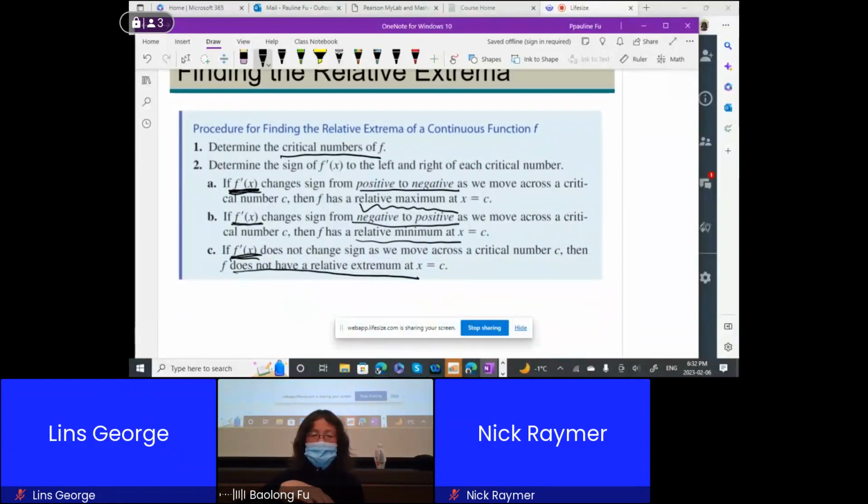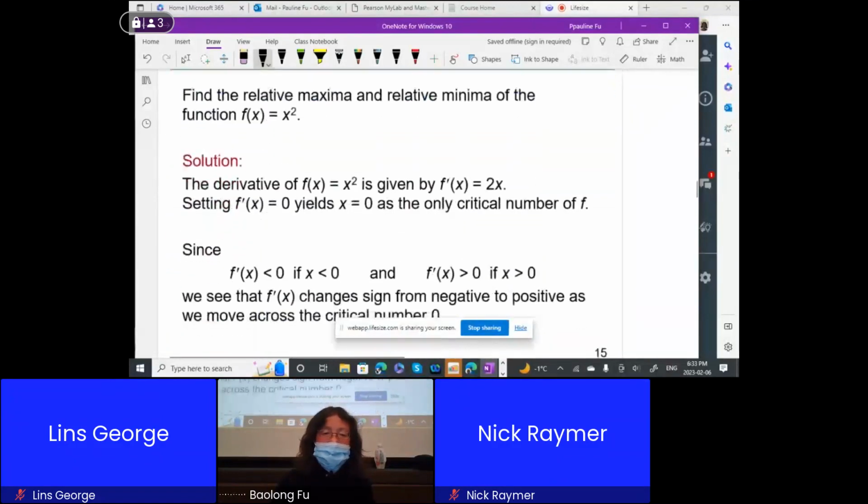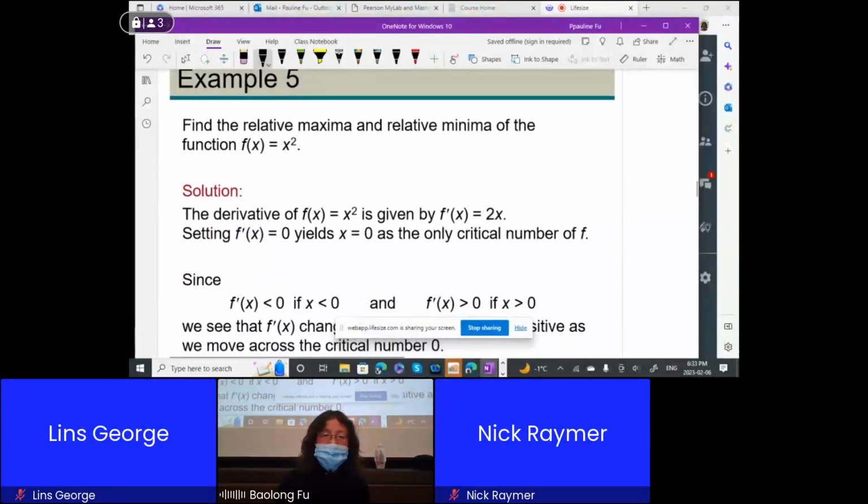Any questions? Let's take a look at the example.